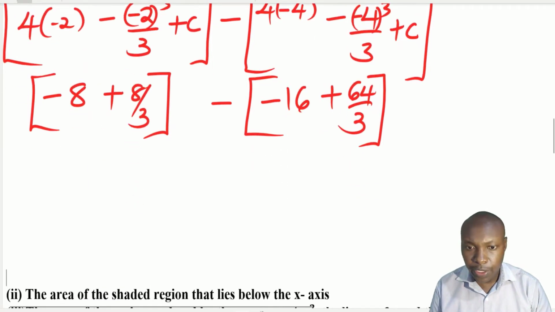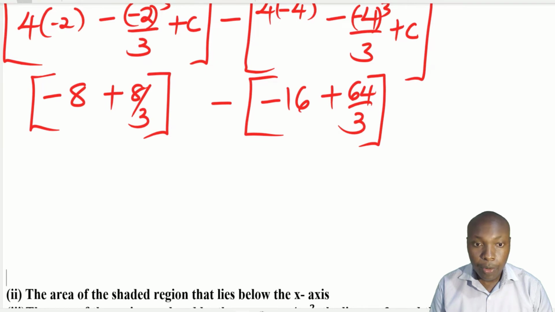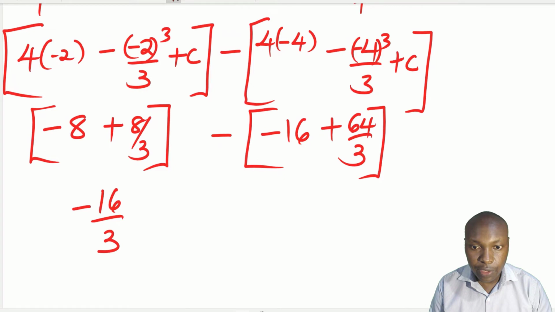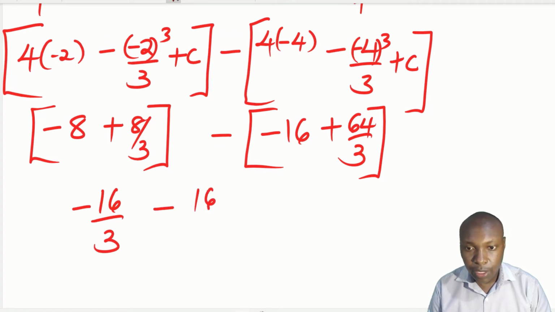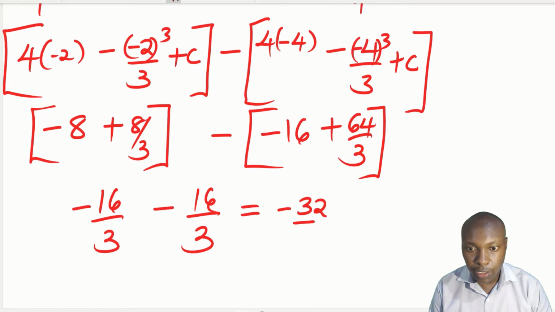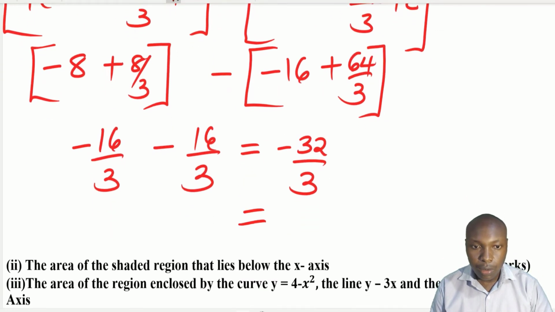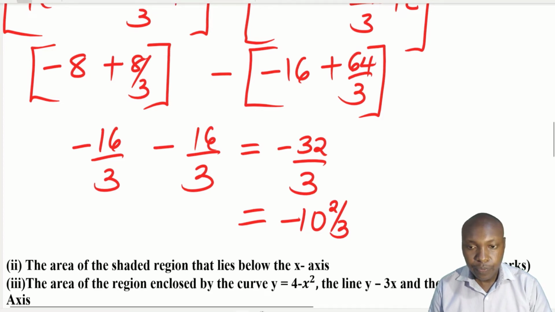When you work out these, negative 8 plus 8 over 3, this gives negative 16 over 3. Then subtract. When you subtract these on the right hand side, this will give negative 32 over 3. Writing this as a mixed fraction, you get negative 10 and 2/3 square units.